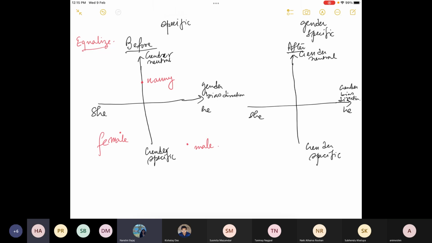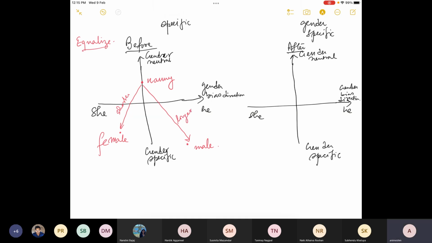Male is more gender specific than female. No, Nanny is closer to female than to male. Very good, very good. That's the point. So these two are not equidistant. Ideally, they should be equidistant. Okay, so this is shorter and this is longer.